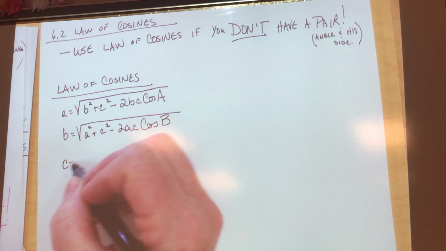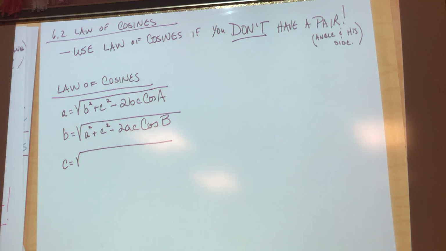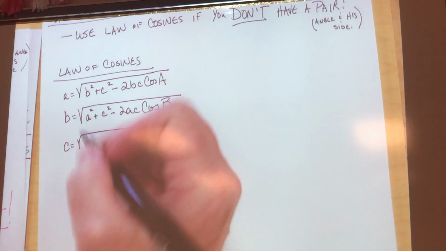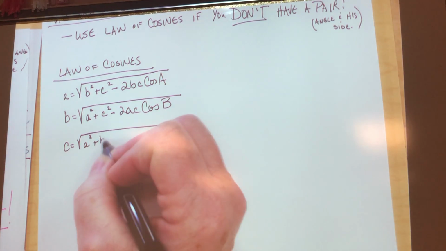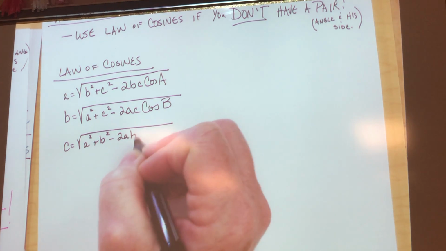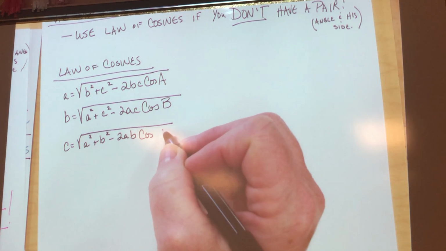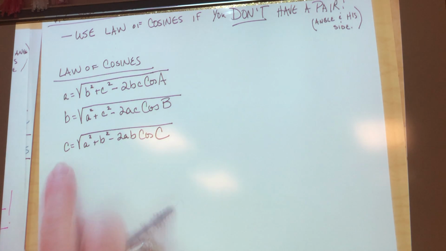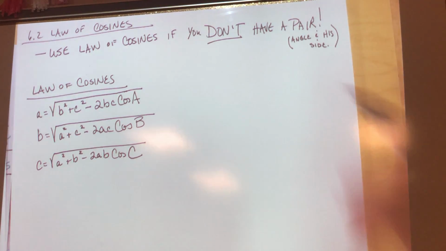And c is obviously going to be the square root of a squared plus b squared minus 2ab times the cosine of c, its angle. That's not bad. Once you start using it a few times, you kind of learn how it works. It has two parts to it.